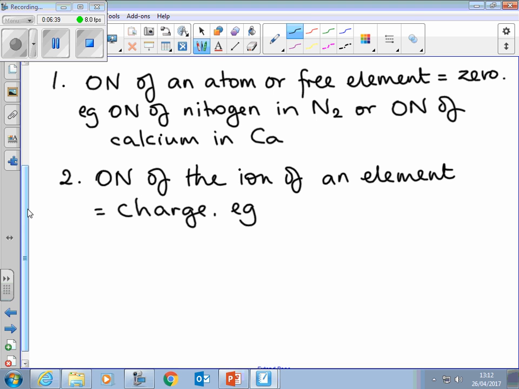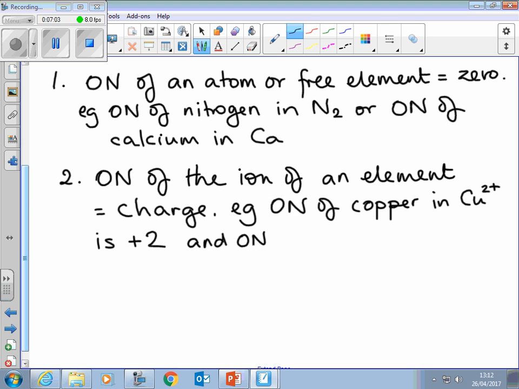So, e.g., the oxidation number of copper in Cu2+, we write it for the ion, don't we, is +2. So it's written the other way round. And the oxidation number of oxygen in an oxide ion, which we would write O2-, is -2.